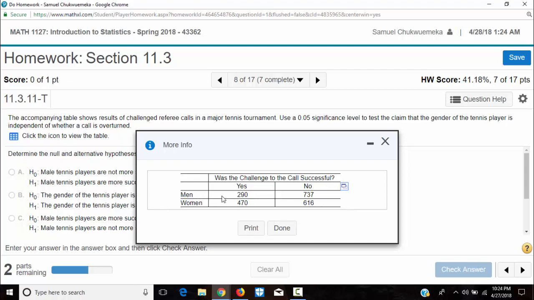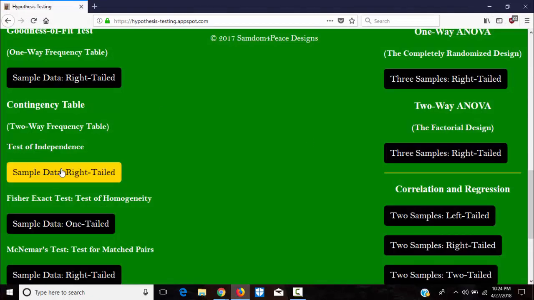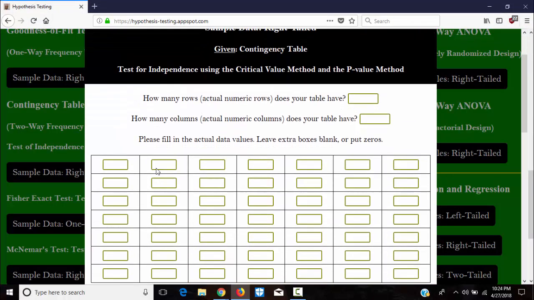This is 2 rows by 2 columns, row by column. So it's 2 by 2: 290, 737, 470, 616.